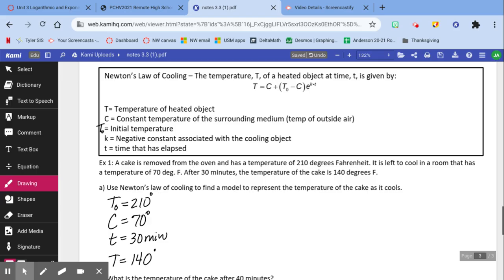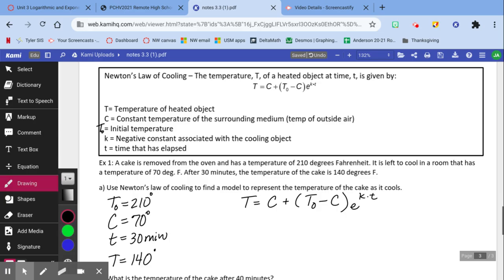It says use Newton's law of cooling to find a model to represent the temperature of the cake as it cools. So we're going to use this equation. And we're going to plug in the information that it's given us. So we know the temperature of the cake after it has cooled is 140.